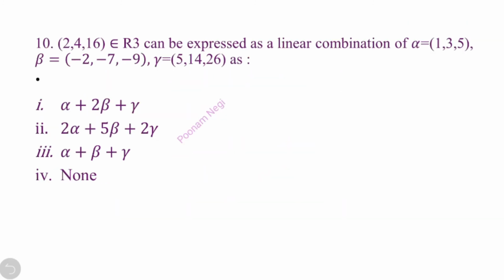Next question is, (2, 4, 16) belongs to R3, can it be expressed as a linear combination of alpha, beta and gamma? This is similar to the previous question.